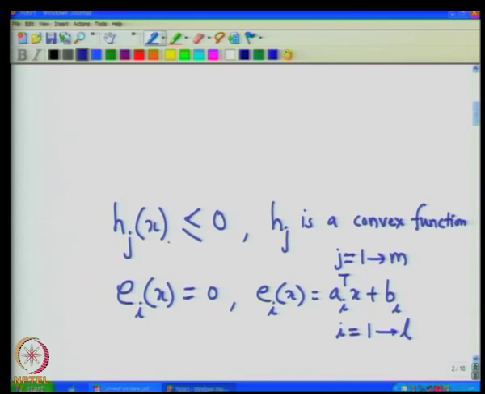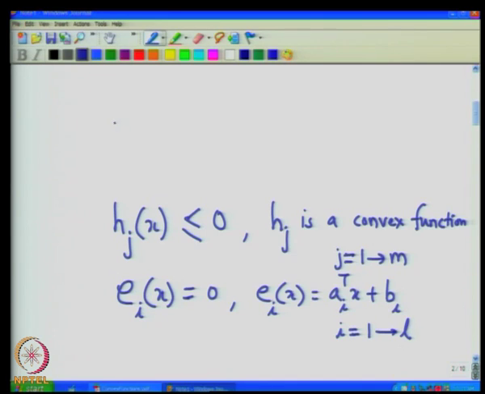So, this set is a convex set. In addition we have some more functions Ei(x) which are affine of the type Ai transpose x plus bi, and this also forms a convex set. So, we have a collection of convex sets and their intersection. Each Hj(x) less than or equal to 0 is a convex set, Ei(x) equal to 0 is a convex set, and we have the intersection of these convex sets. Now, we know that any intersection of any collection of convex sets is a convex set.